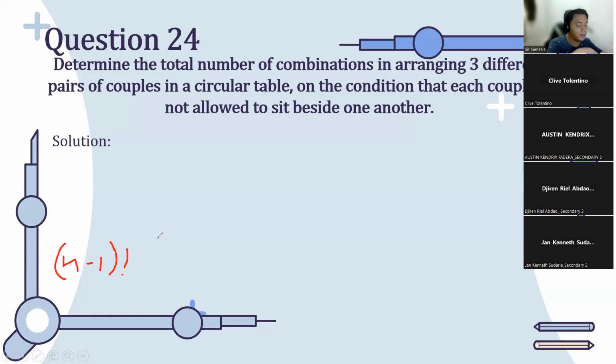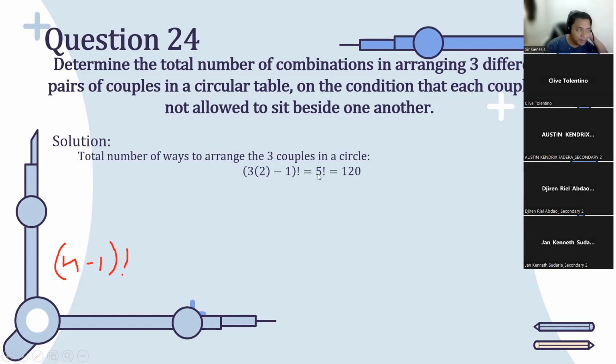For linear, if we're talking about arranging in a line, then that will be n factorial. However, if it is in a circular manner, then it is n minus 1 factorial. So here, we have 3 pairs, so 3 times 2, which is 6 people. So 6 minus 1 factorial, that is equal to 5 factorial, which is equal to 120.